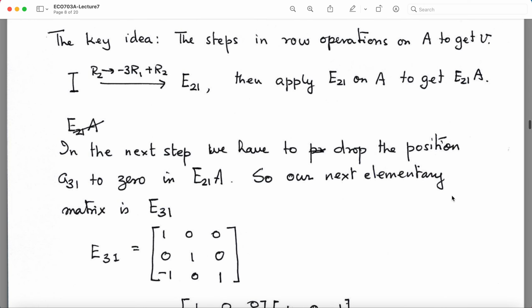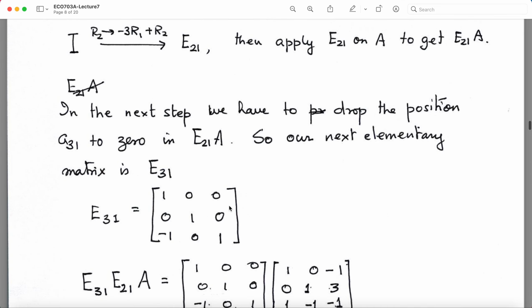The next step, we have to drop the position A31 to 0 in the matrix E21 A. One has been made 0, the other has to be made 0 in the new transformed matrix, because ultimately you have to keep on transforming.